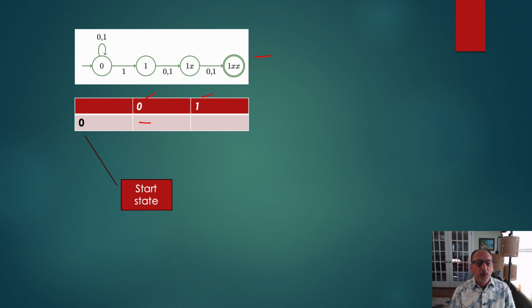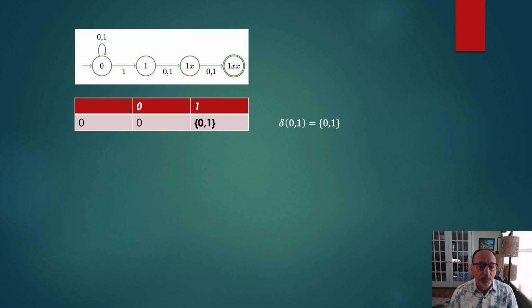Of course, the answer for 0 is we'll just stay right in state 0. When we read a 1, though, we actually have 2 choices. So here we put 0 and 1, and we put them together as a set, like this. That now becomes a set, but we're going to track its behavior, recalling that it's really modeling states 0 and 1 at the same time.